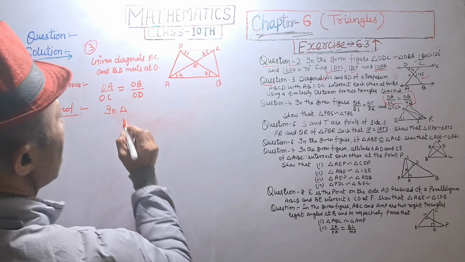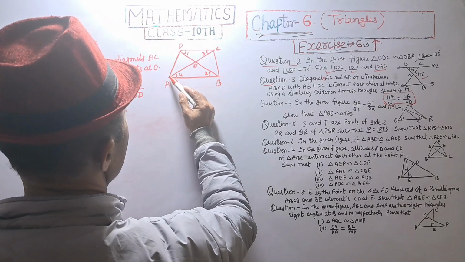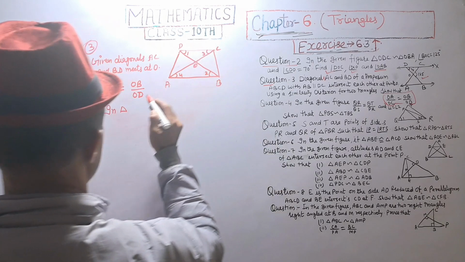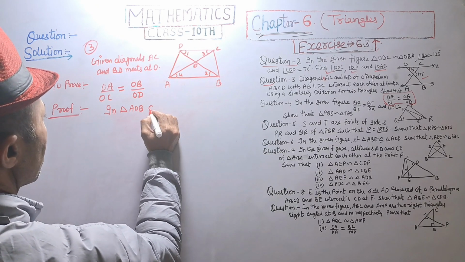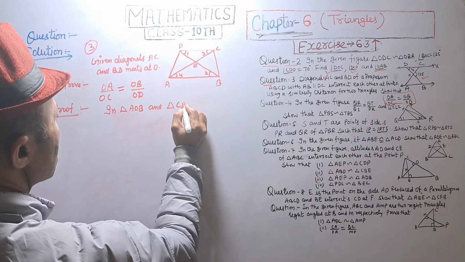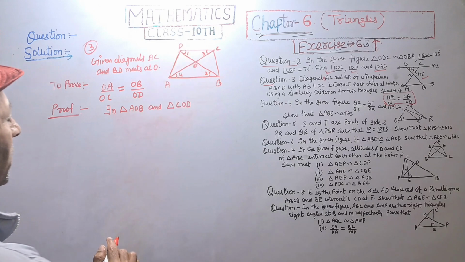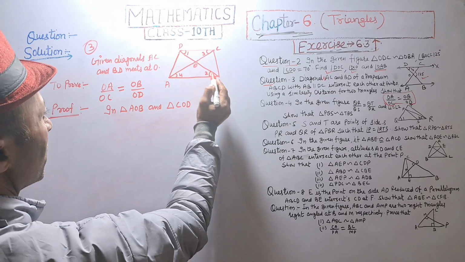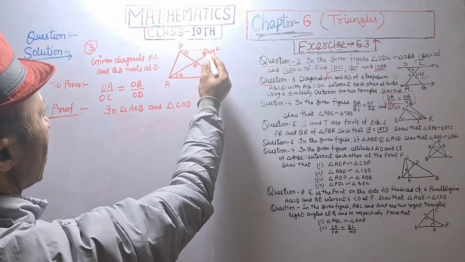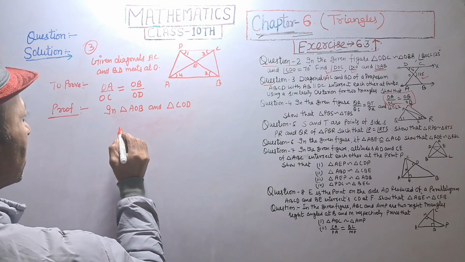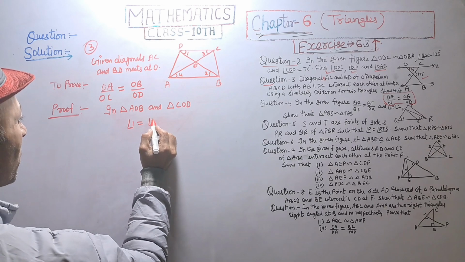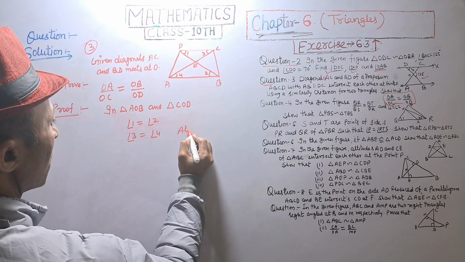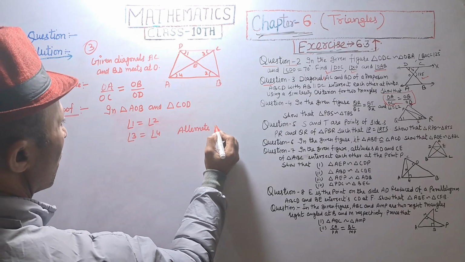In triangle AOB and triangle COD, angle 1 is equal to angle 2 and angle 3 is equal to angle 4, alternate angles.